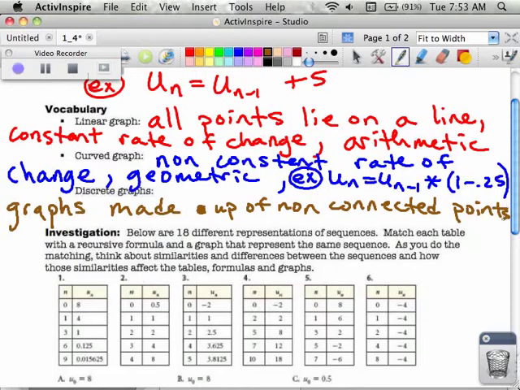So kind of like you might remember that in our calculator we have this thing called a scatter plot. Something like that. That's what a discrete graph is. Something like a scatter plot. So maybe an example is a scatter plot. That's our vocabulary for the day.